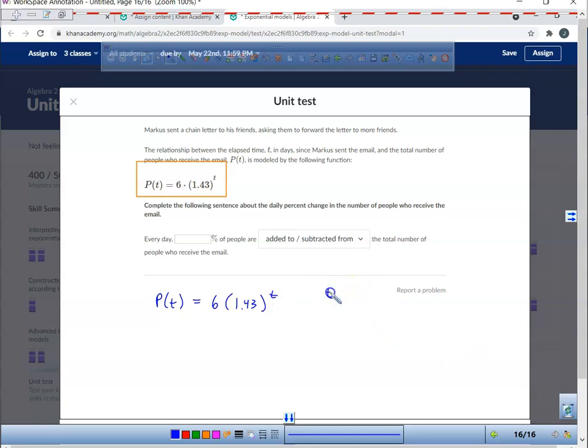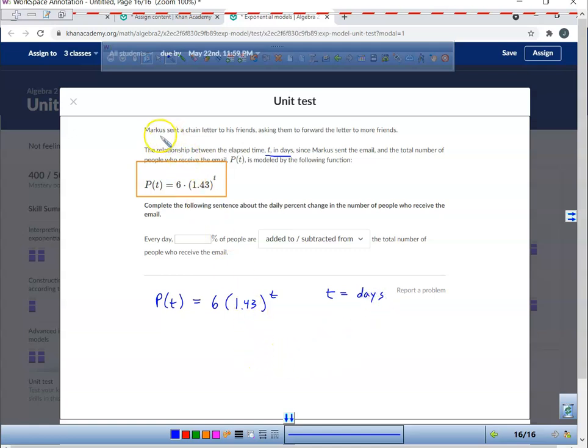Now, what does t represent in our problem? The only thing I want you to write down is what does t represent? T represents days.